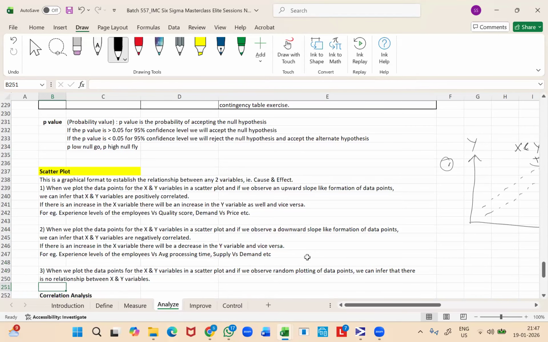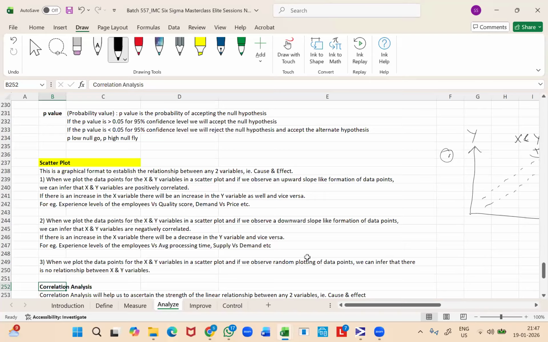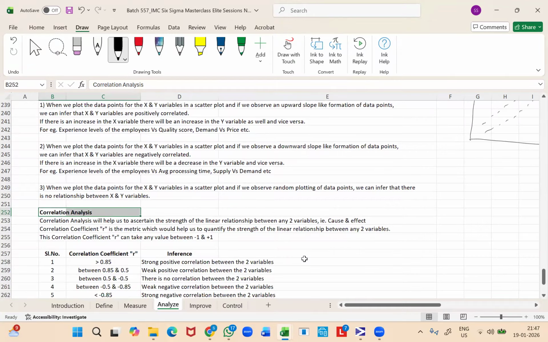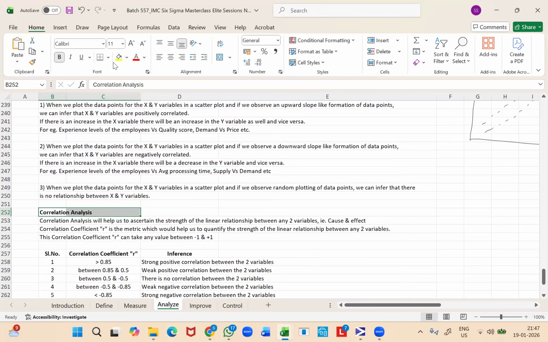The third scenario, when we plot the data points for the x and y variables in a scatter plot, and if you observe random plotting of data points, we can infer that there is no relationship existing between the two variables, right? That's the third scenario. Now, as I told you, if you want to ascertain the strength of this relationship, then we need to perform correlation analysis, right?